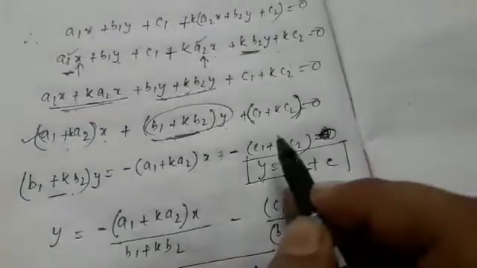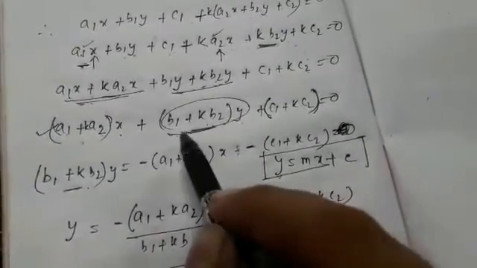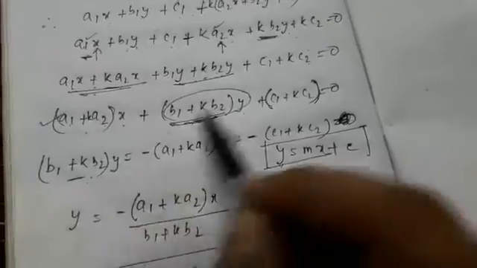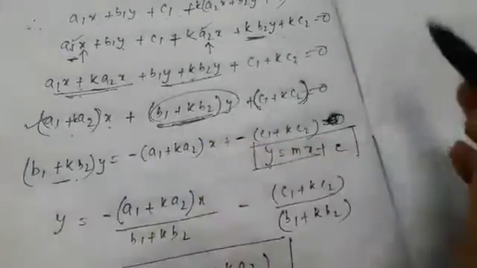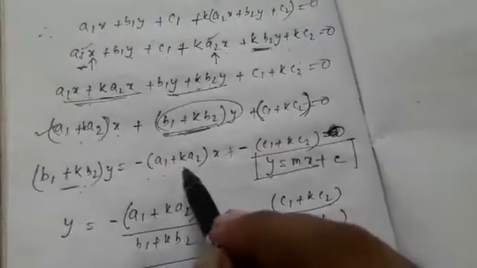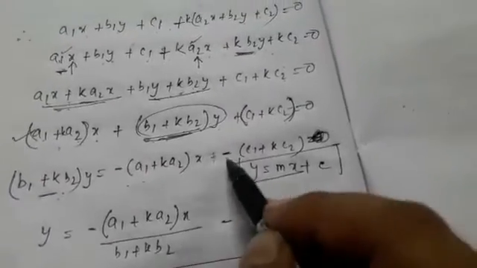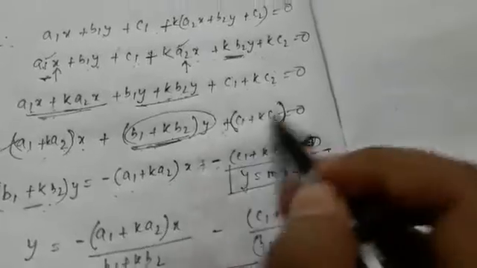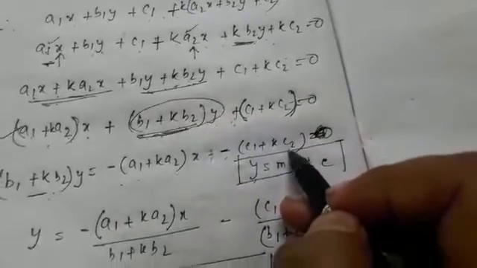We are sending these two terms to the other side of the equal to, so it will become minus (a1 plus ka2)x minus (c1 plus kc2), right?